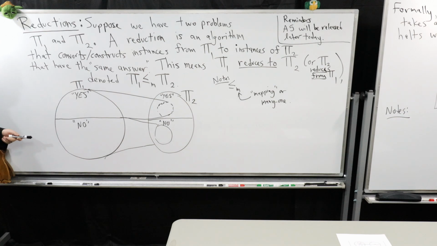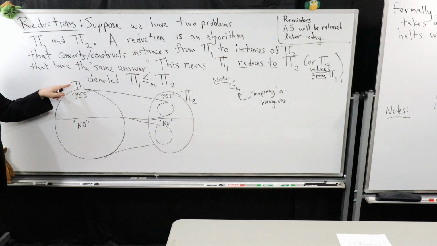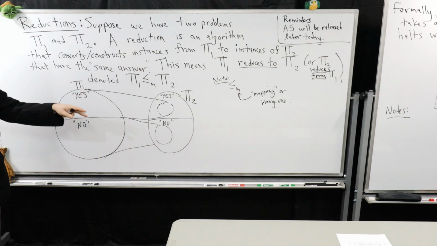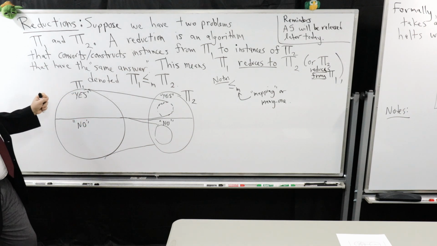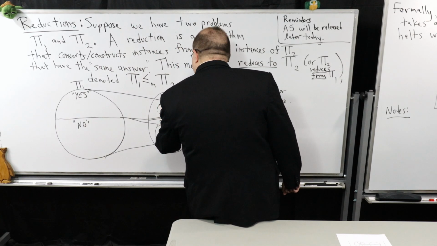Here's the idea. I want to have this reduction so that if I take any one instance which falls into one of these two buckets, either the yes instances, meaning that input belongs to this language, or no, it does not belong to this language, what I would like the reduction to do is map it, as in convert it, to an instance of pi2.